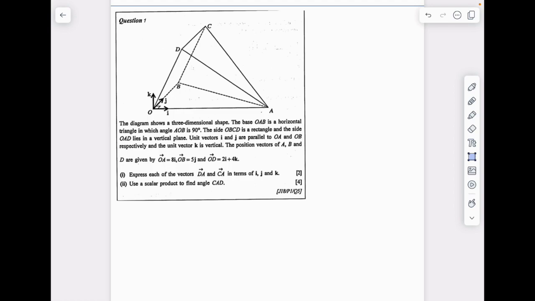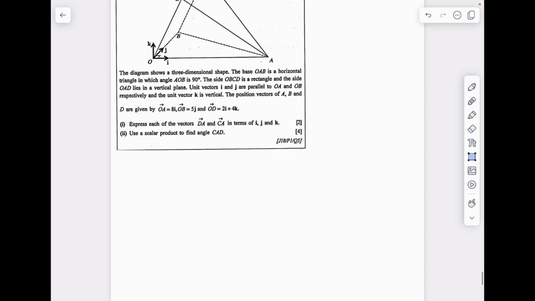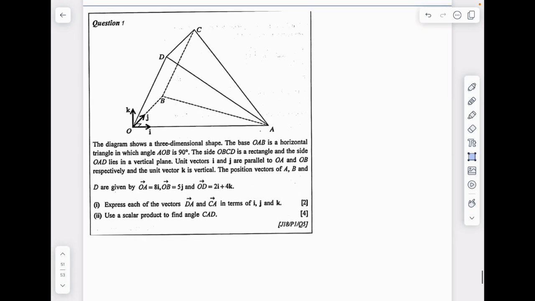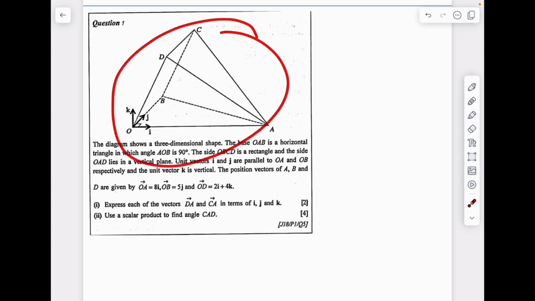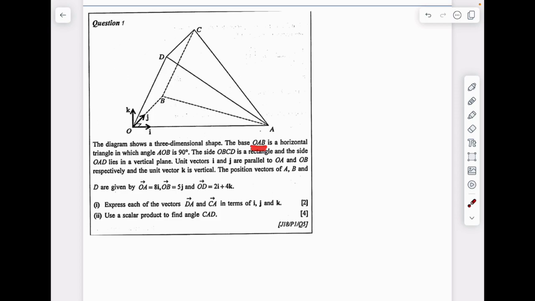So, question 1. The diagram shows a 3-dimensional shape. Now, the base OAB is a horizontal triangle, in which angle AOB is 90 degrees.